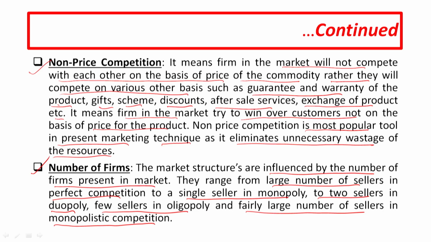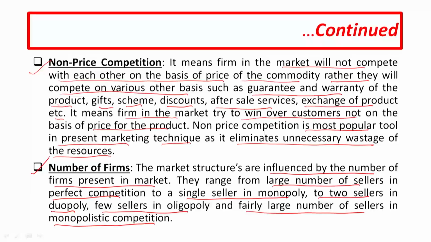So another major determinant of the market is the number of firms existing in the market. If the number of firms is larger, there are more chances that the market will grow, but it is not mandatory. It depends on the products existing in the market.